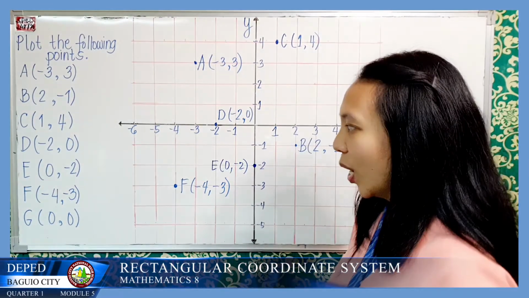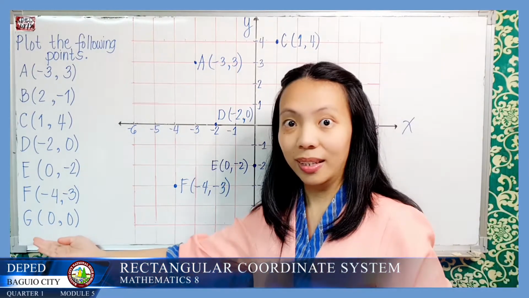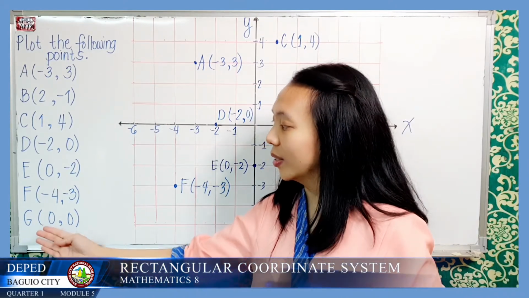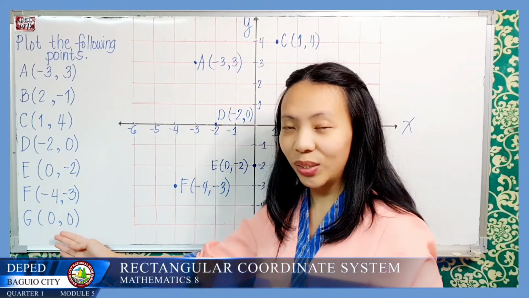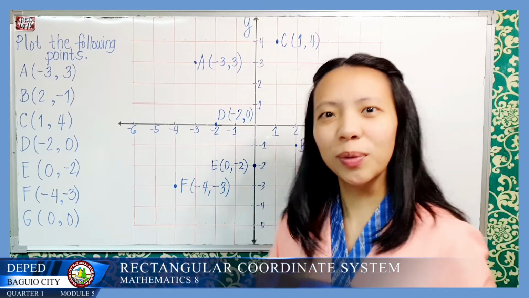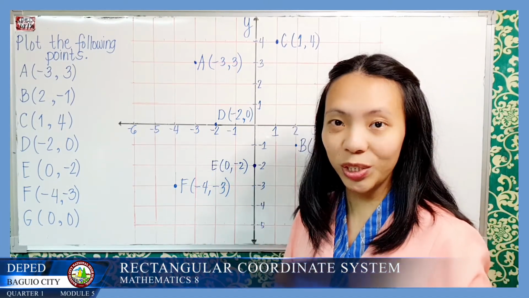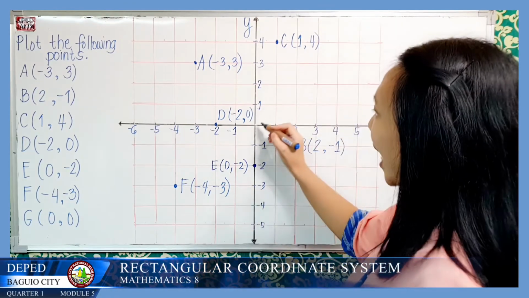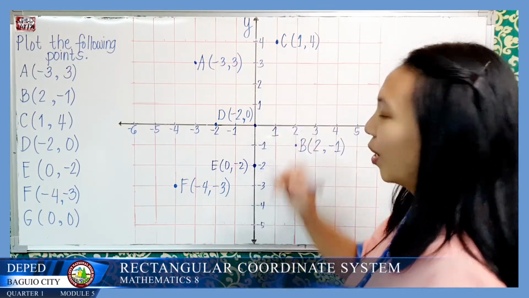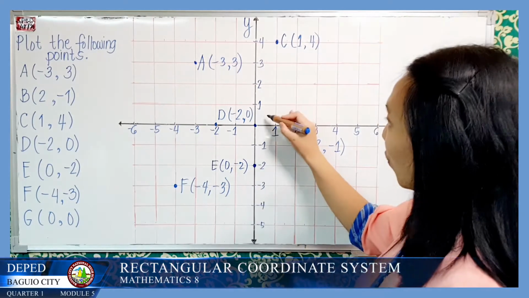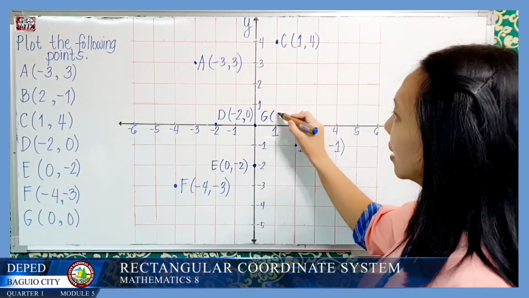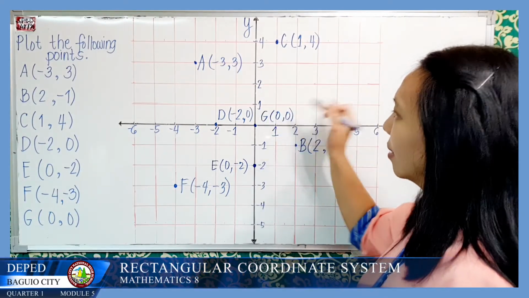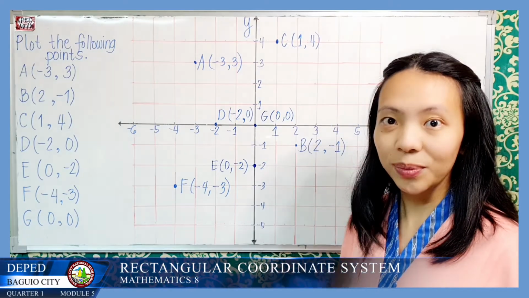And lastly, point G. Its coordinates are 0, 0. For you, where's the location of point G? Point G is actually the point of origin. Therefore, the coordinates of the point of origin are 0, 0.